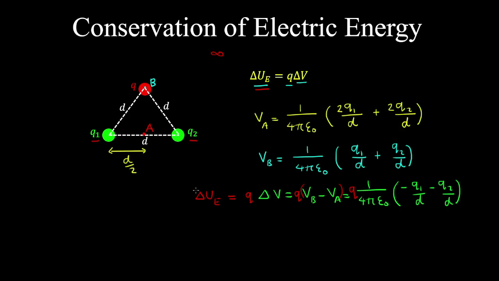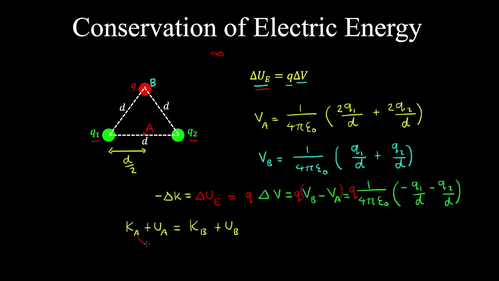And by the conservation of energy, that's equal to the negative of the change in kinetic energy. So recall that between two points, the kinetic energy plus the potential energy at one point is equal to the kinetic energy plus the potential energy at the other point.